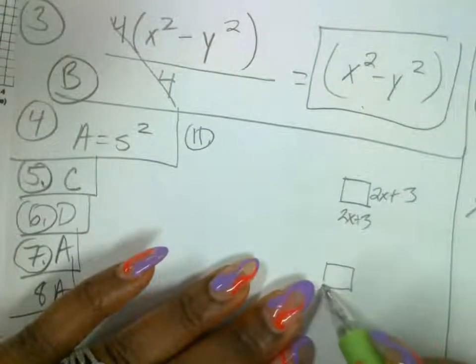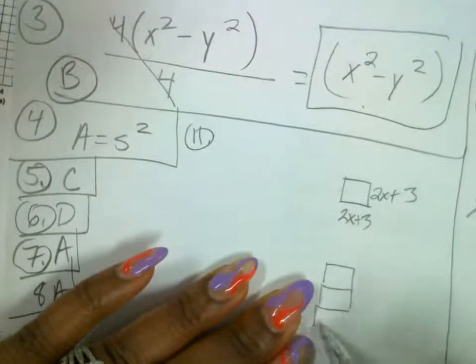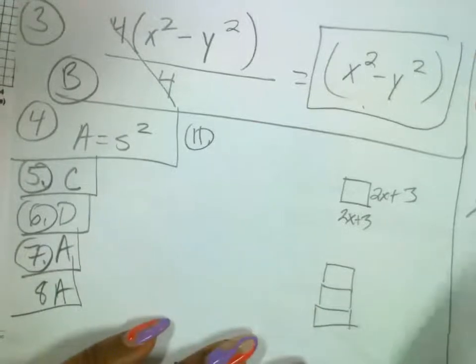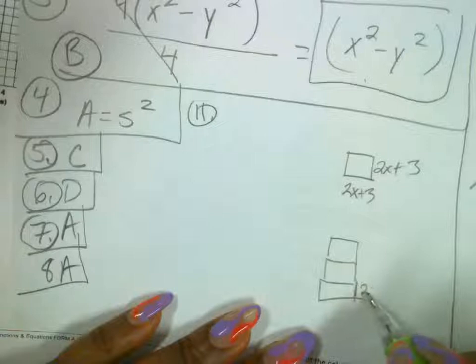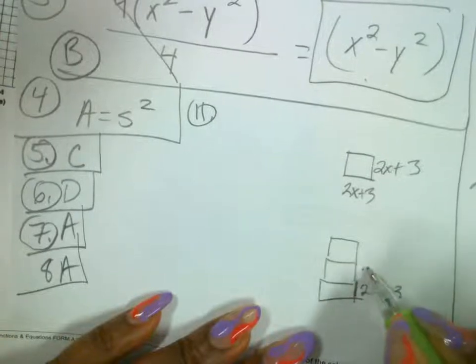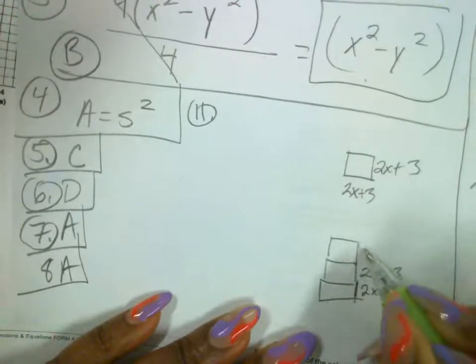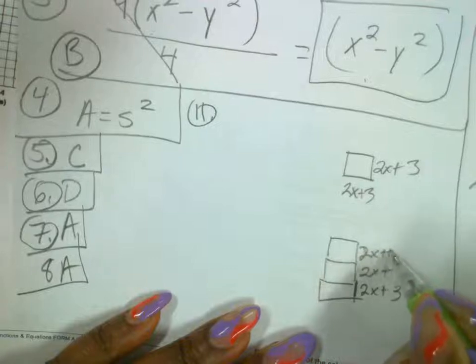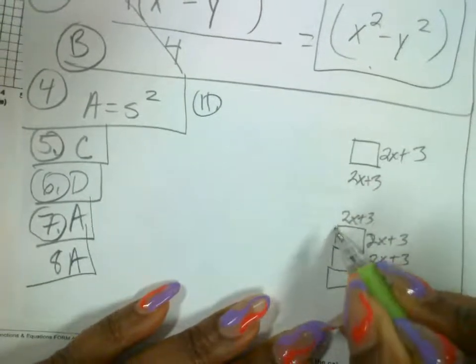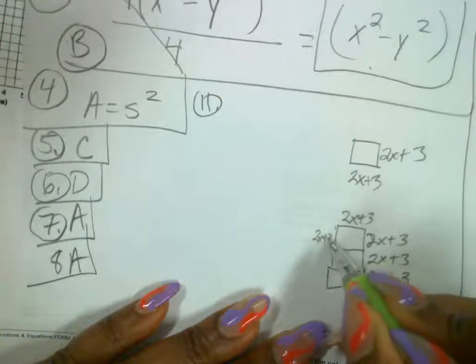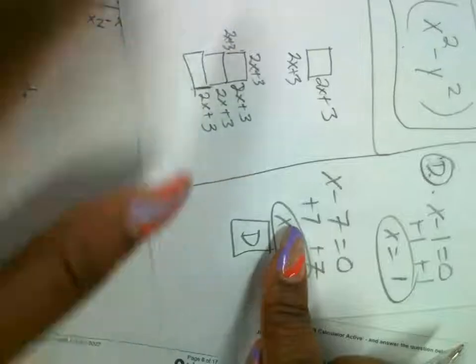Even if I had 3 of these this way, this side would be 2x plus 3, and this will be 2x plus 3. Even if I turn it the other way, it's still going to be the same.